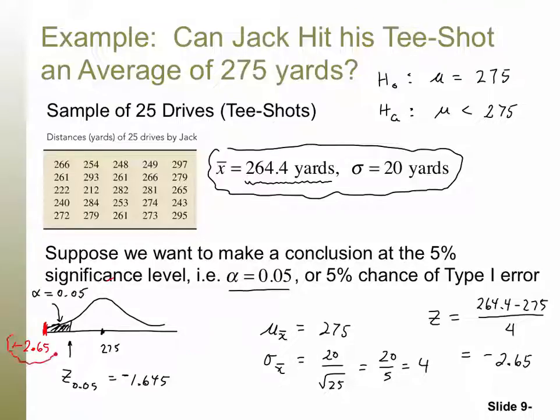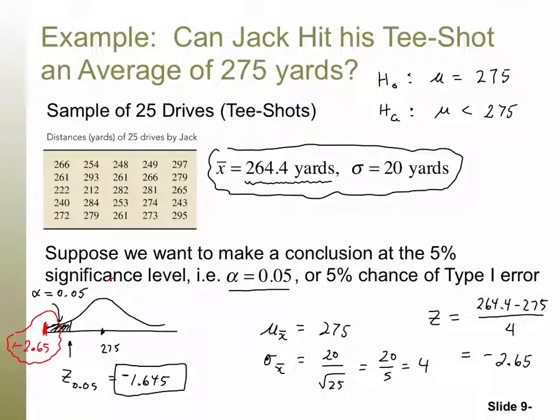And so what about his claim? Are we going to accept or reject his claim? Reject, big time, right? This mean of 264.4 yards is a lot of evidence to suggest that he does not hit 275. Our breakpoint for rejecting or accepting was this.